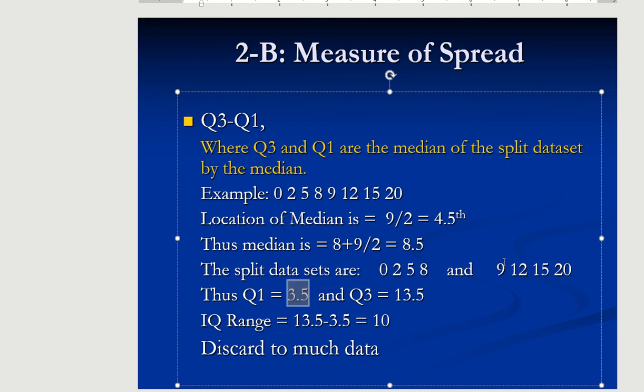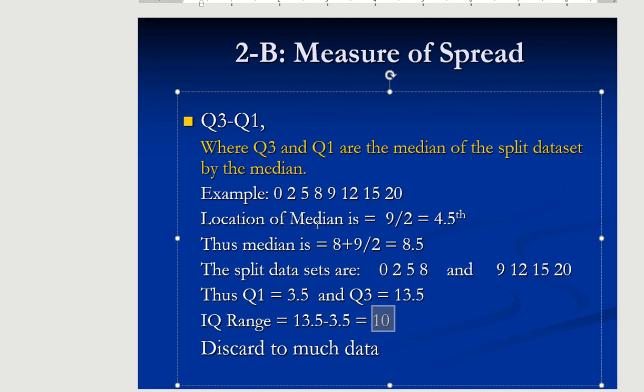Same thing for the second part. So this is the second and this is the third observation. You take the average of these two, and that would be your Q3. So Q1 is 3.5, Q3 is 13.5. The interquartile range is Q3 minus Q1, which equals 10, and therefore the interquartile range is 10 points.